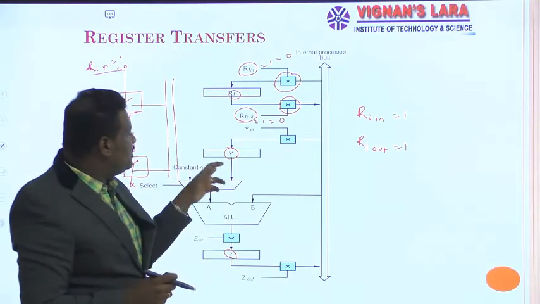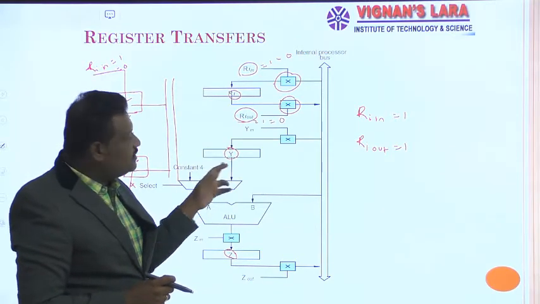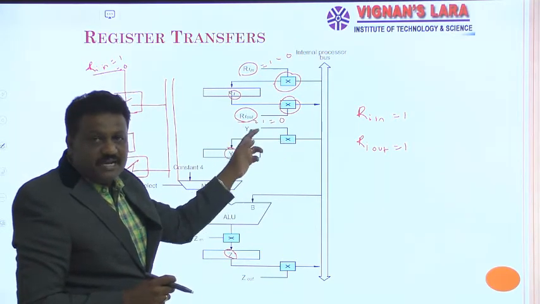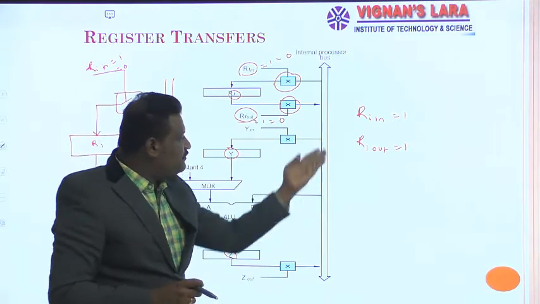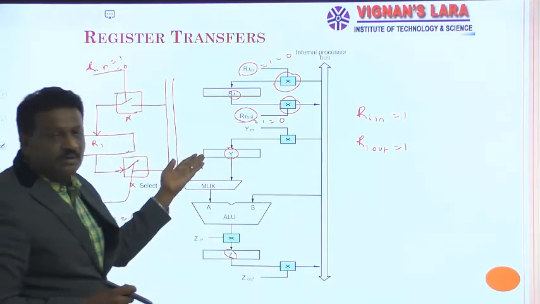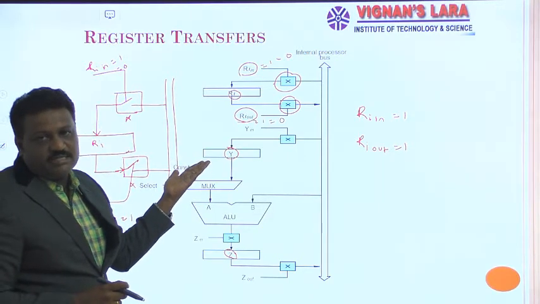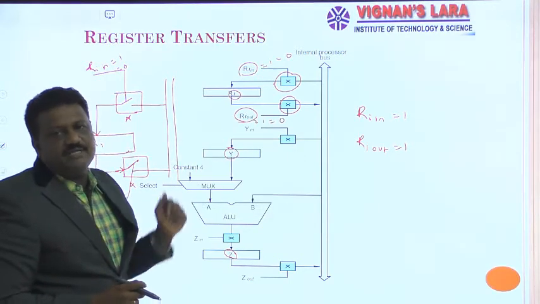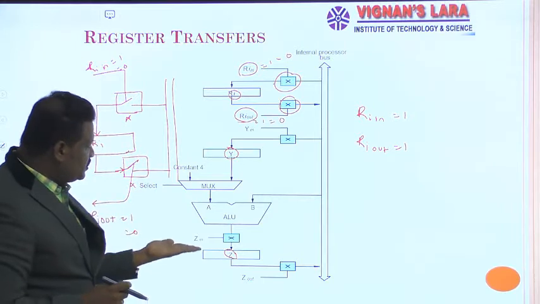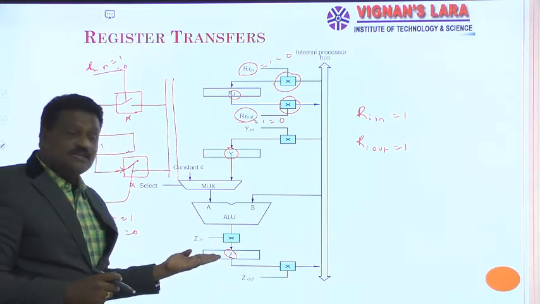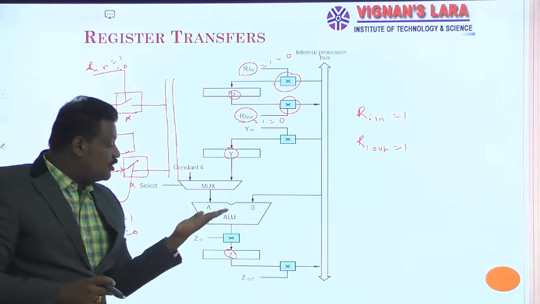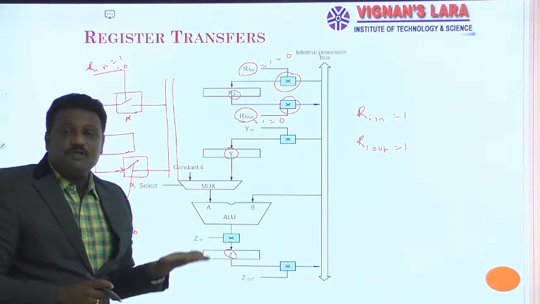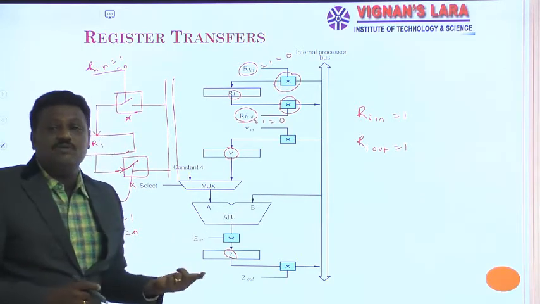In a similar way, if I want to copy something onto Y, I take the help of this Yin bit. Only when it is set to 1 is the information available on this bus copied to register Y. Otherwise, if you make Yin equal to 0, there is no chance. In a similar scenario, here is the Z case. This is my Z register. This Z register is filled with the data which is the output of the ALU. It is only possible once Zin is equal to 1.